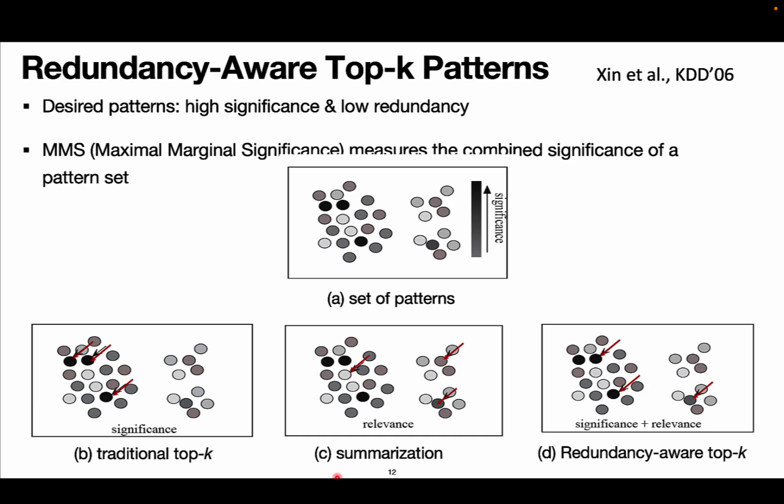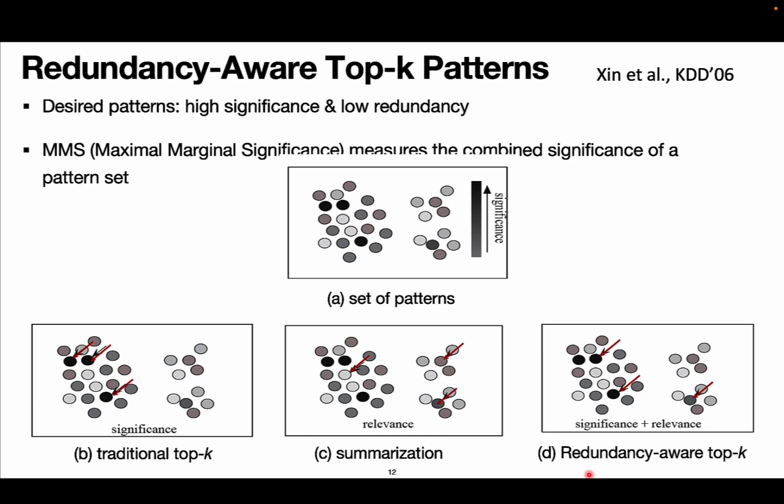In figure C, summarization or clustering ignores support completely and instead uses clustering. Here we pick one representative from each cluster, which ensures diversity among patterns, but this approach may discard patterns that are actually of high support.